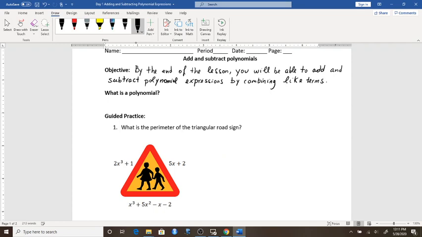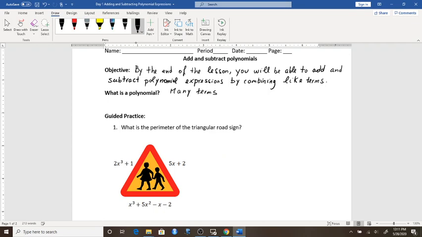Alright, so first of all, what's a polynomial? Well, let's start with monomial. A monomial is practically a term that is made up by variables like x and y and by coefficients that are just numbers. So polynomial means many terms.